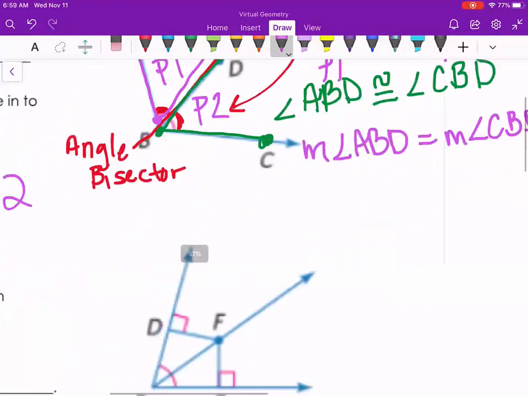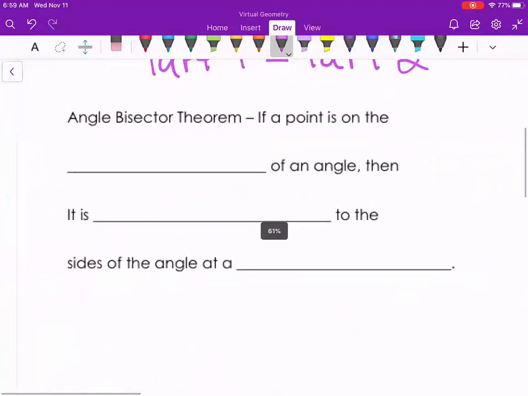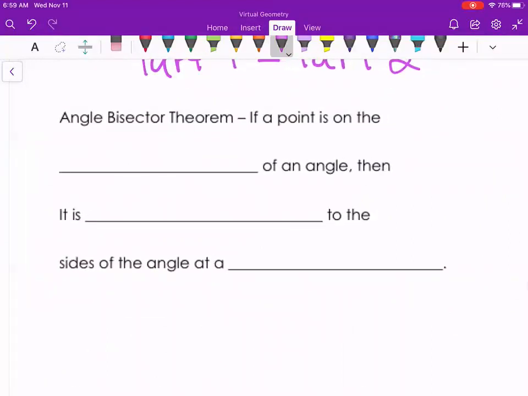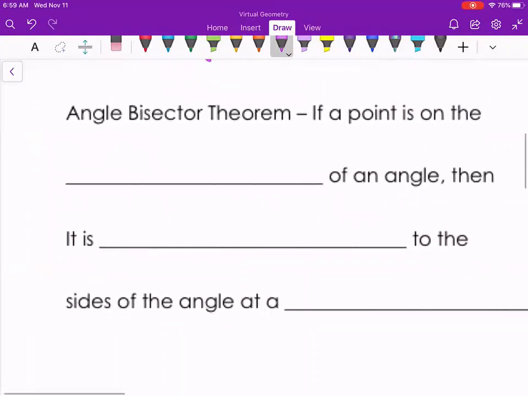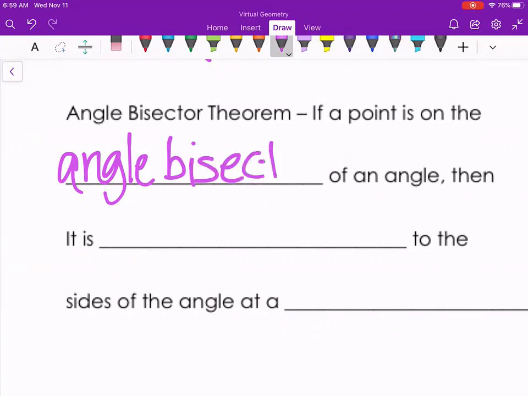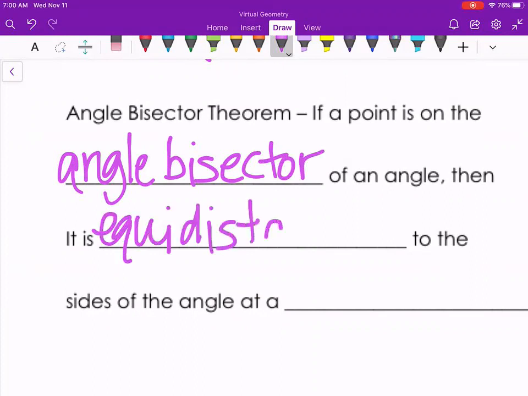So let's see how this works with what's called the angle bisector theorem. Specifically, the angle bisector theorem states that if a point is on the angle bisector of an angle, then it is equidistant, which again just means equal in distance, to the sides of the angle at a right angle.